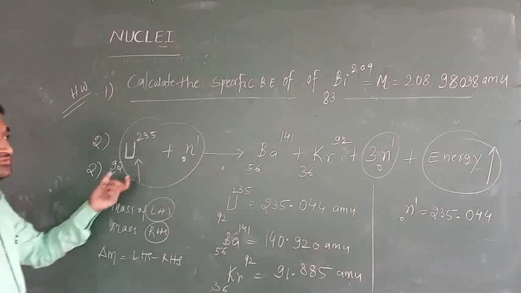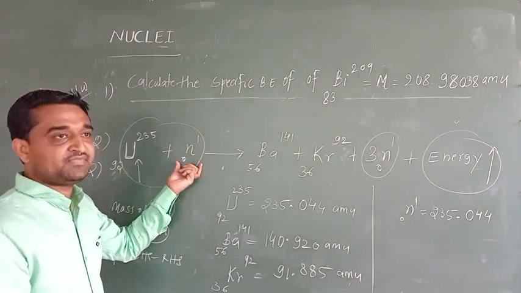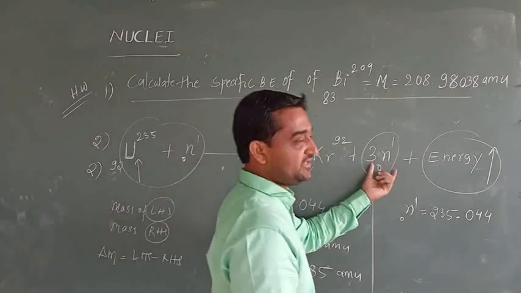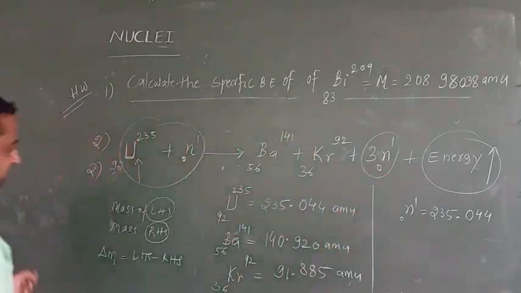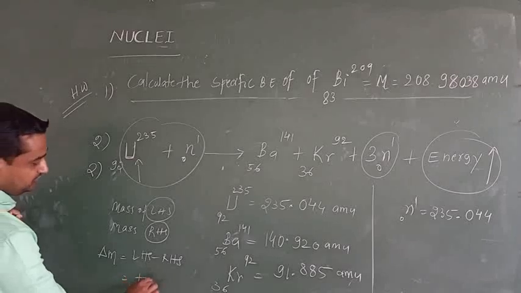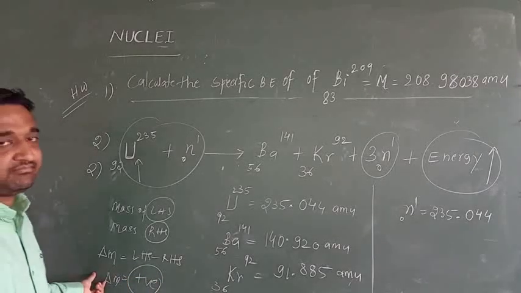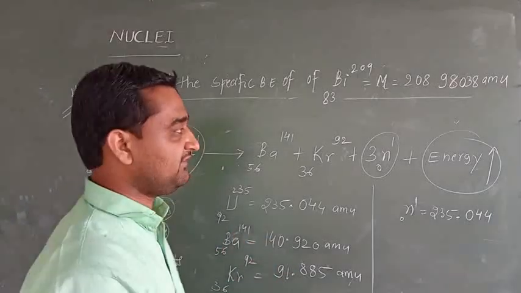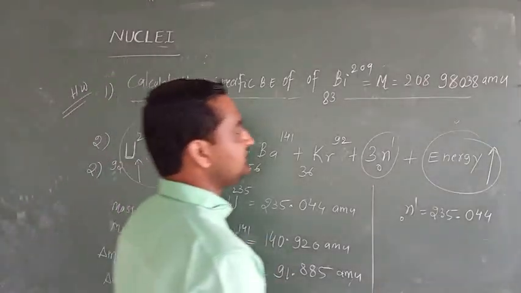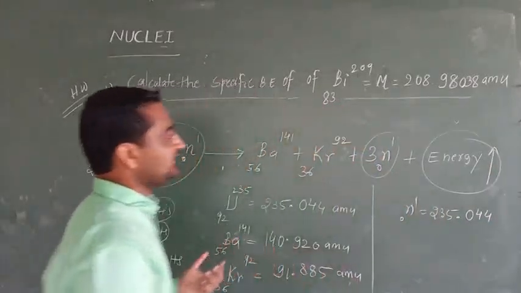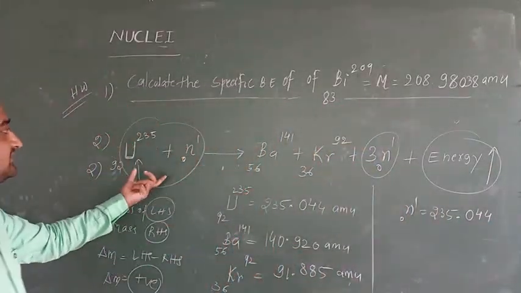That is, the sum of masses of the uranium and one neutron, minus the sum of masses of barium, krypton and 3 neutrons. If you take the difference of these two masses, you will get a positive value, the mass defect. If you multiply that mass defect by 931.5 MeV, you will get the amount of energy released here.